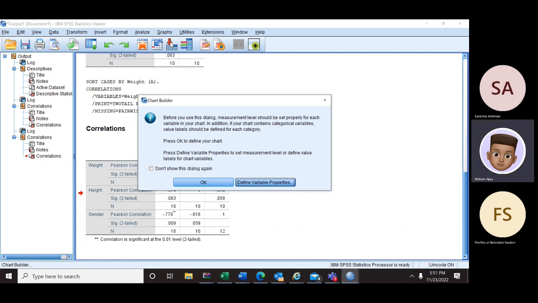Before you use this diagram, you press OK to define your chart. Set measurement level or define value labels.